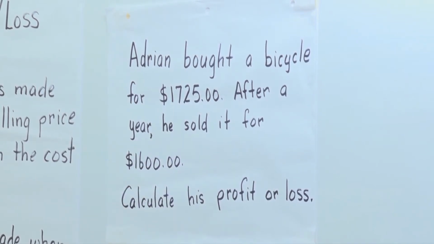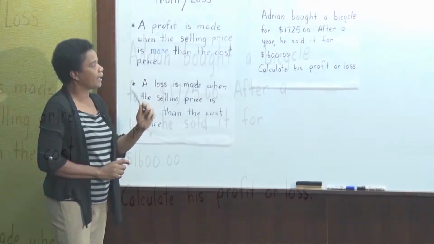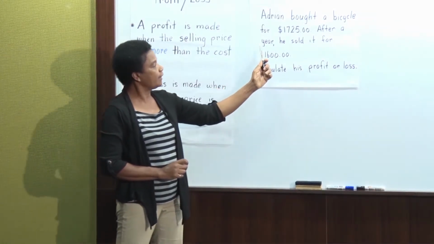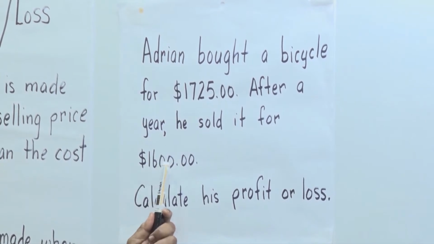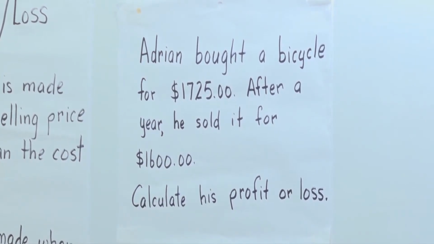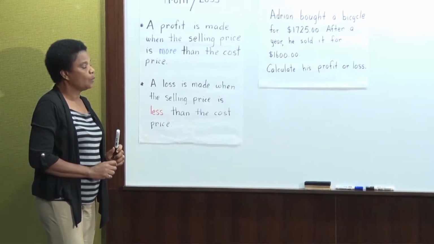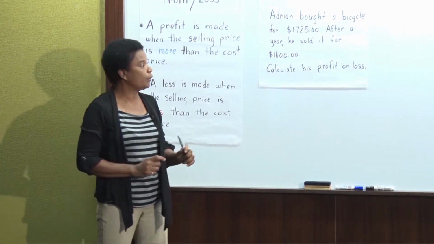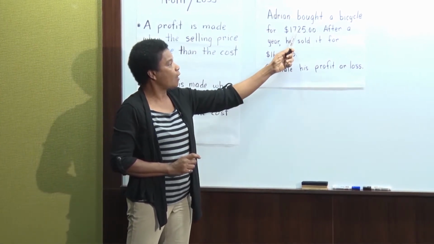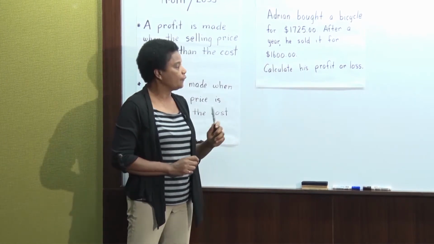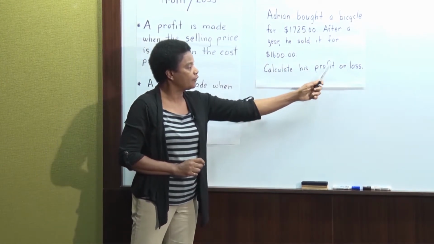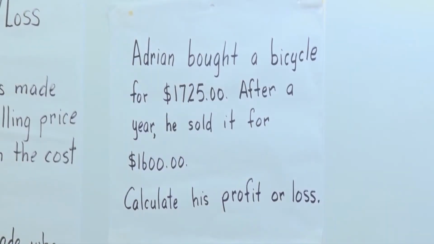That will represent the cost price. After a year, he sold it for $1,600. That will be his selling price. What should you determine? Which is more? Was his cost price more than his selling price? Yes. So first, did he make a profit or a loss? He made a loss.